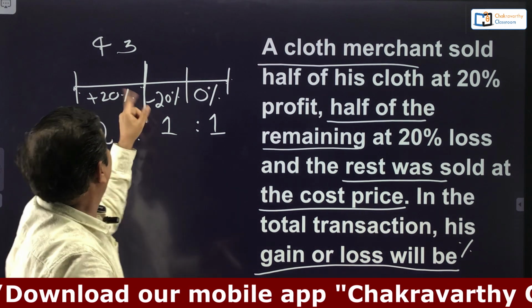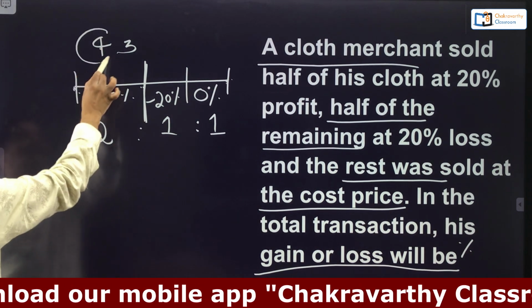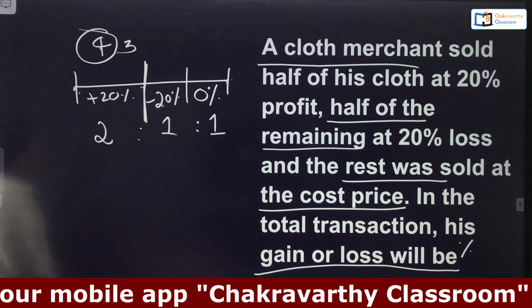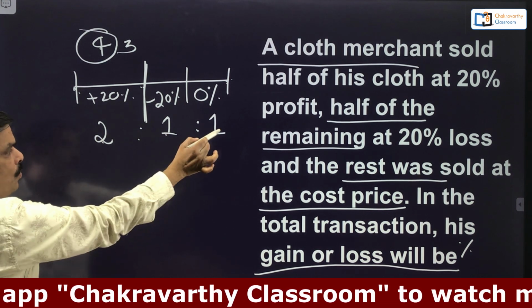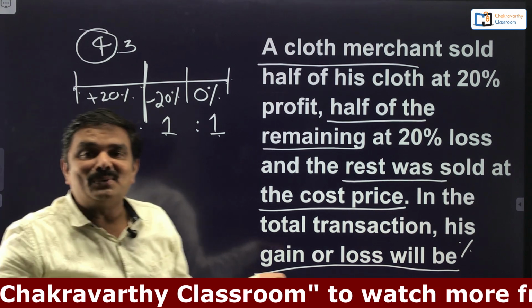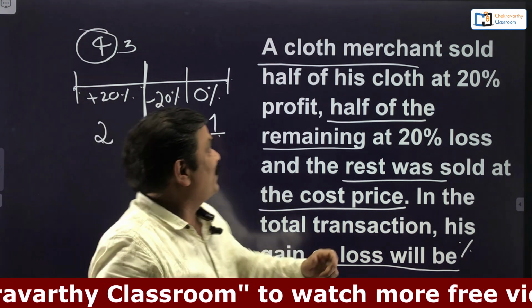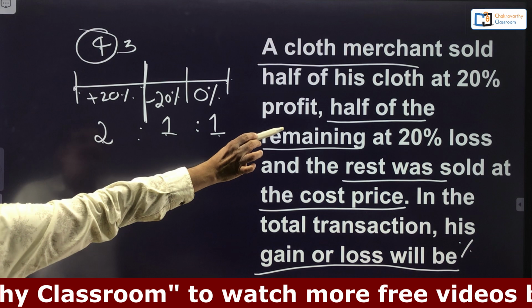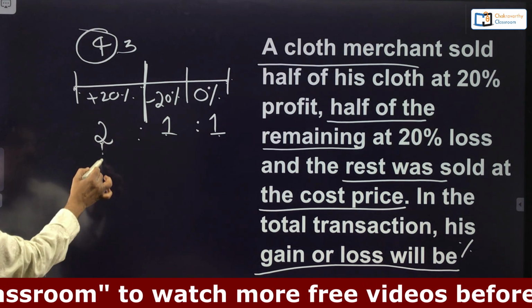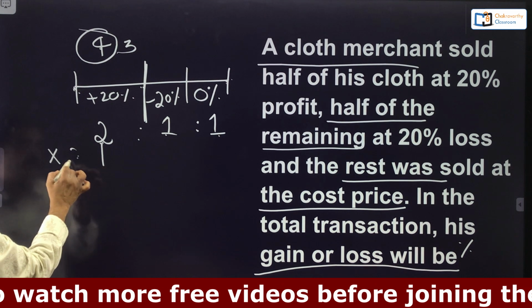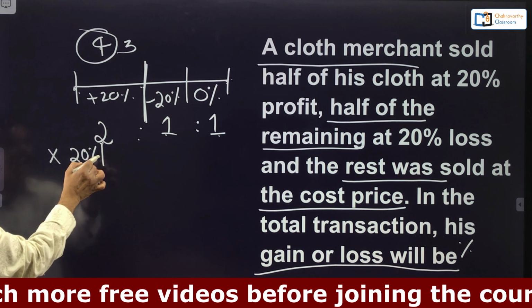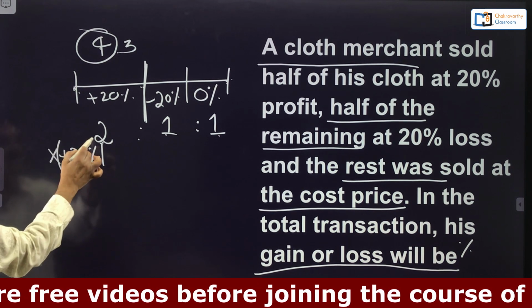So now I take the total consignment as 4, worth 4. This is 2:1:1. Now we can use the shortcut. What's the shortcut here? Half of that one at 20% profit, I'll write here, into plus 20%.